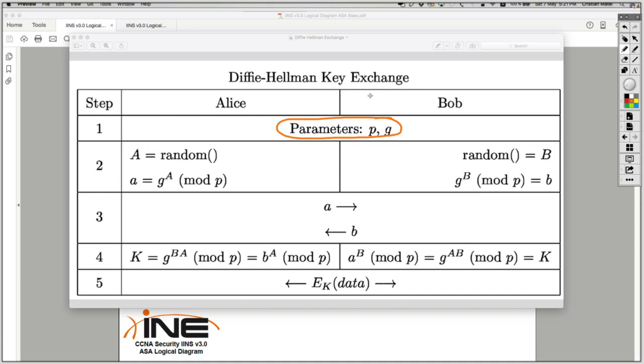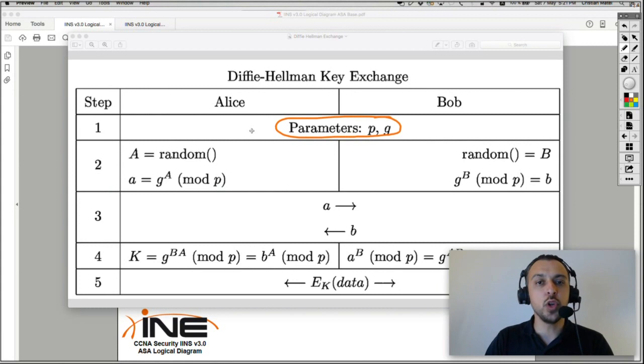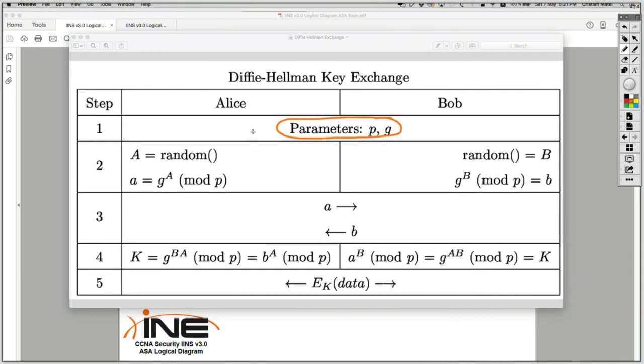Both of them know those two values and they match, because when they negotiate in phase one, they negotiate which Diffie-Hellman group to use, and based on that group they know the P and G values, the prime number and the generator.